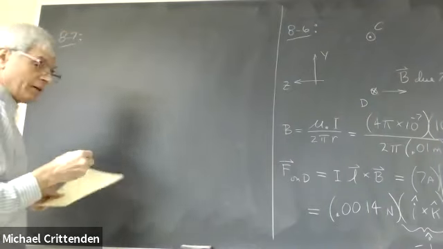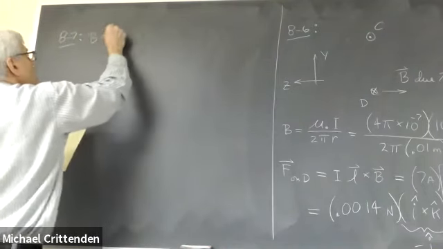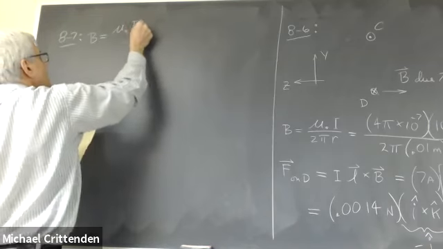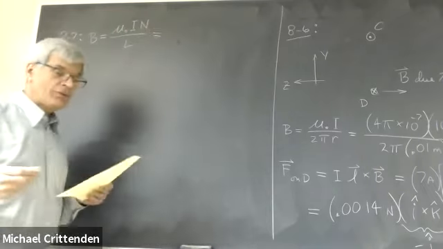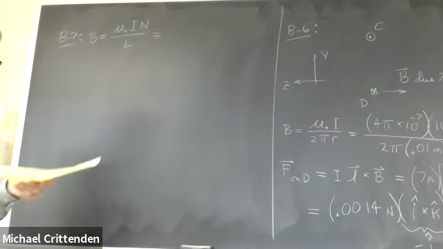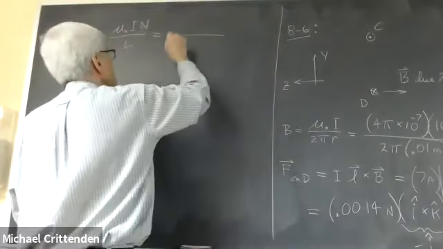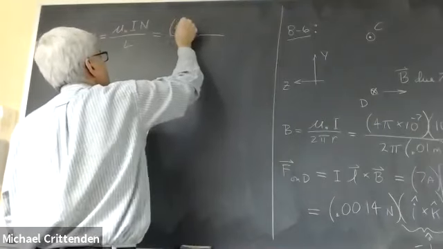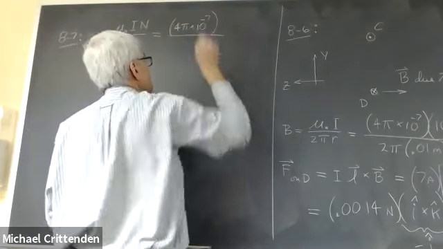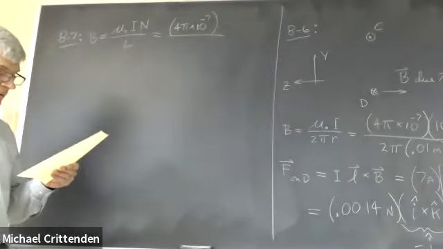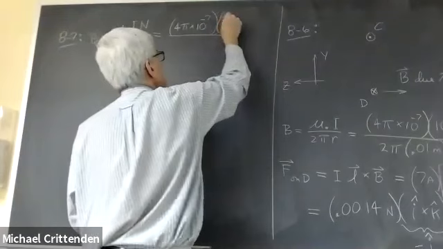The magnetic field of a solenoid, mu naught I N over L. I think that was the second example that I did from Ampere's law near the beginning of this section. Mu naught is four pi times 10 to the negative 7. There's no escaping from that number as long as you're talking about magnetism. Coil carries 8.1 amps.